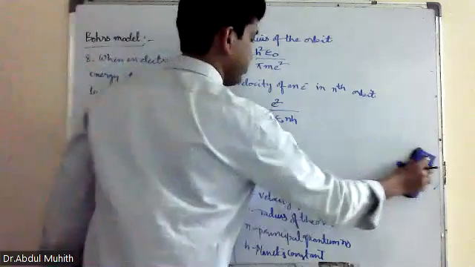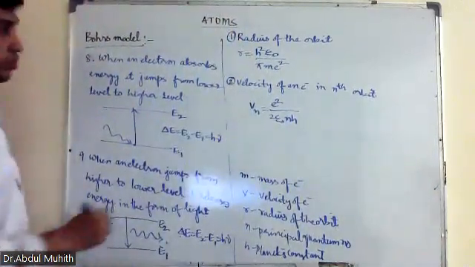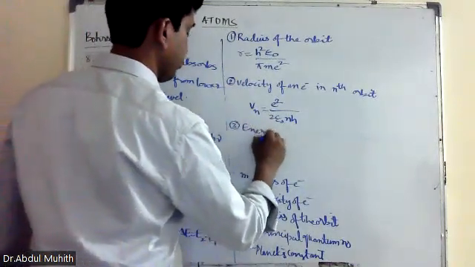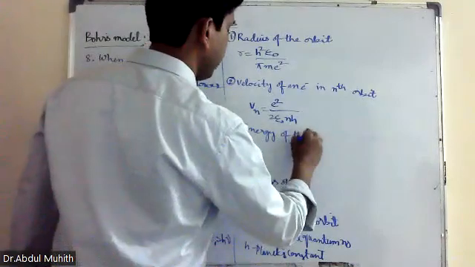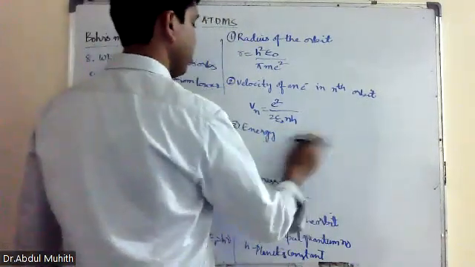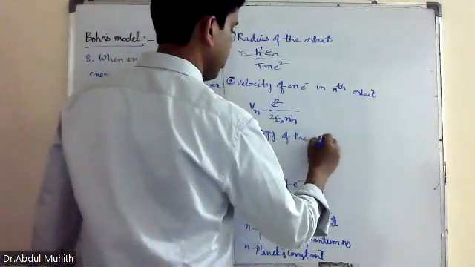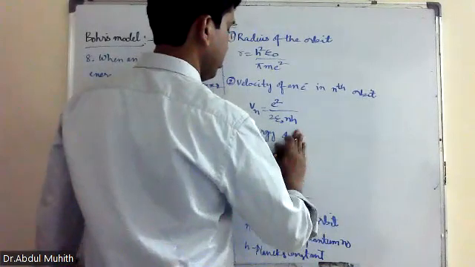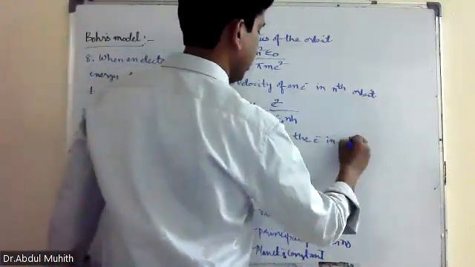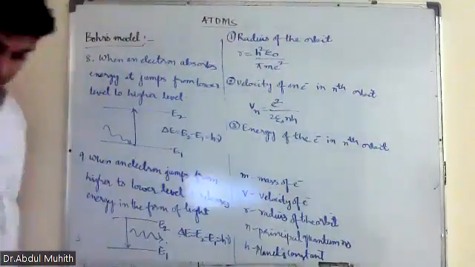The third one is the energy of the electron in the nth orbit. What is the formula for that?